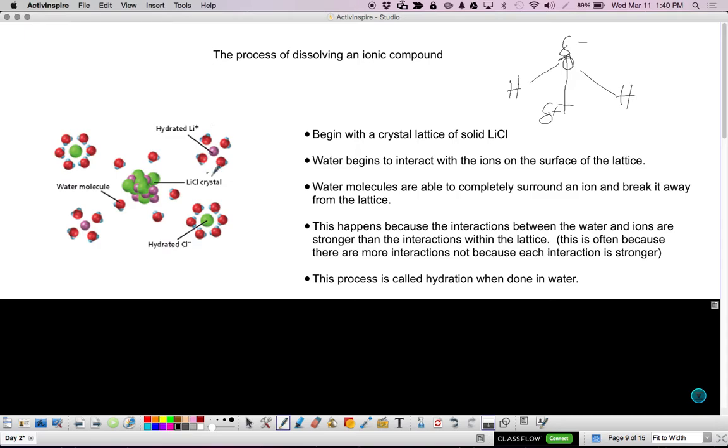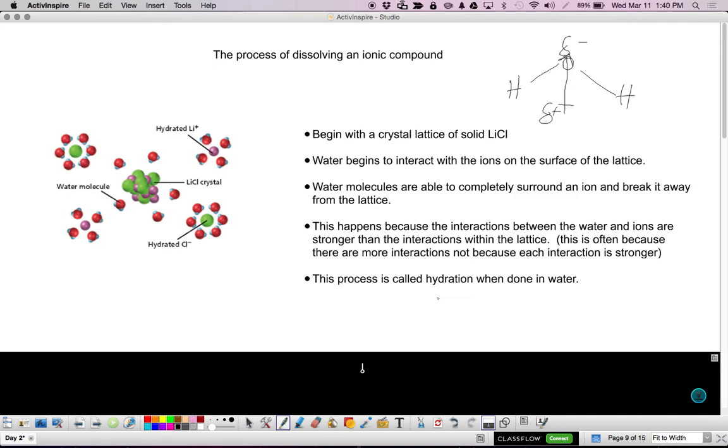You can think these 4, there might be more there. There's a top, there's a bottom, it's going to be completely surrounded. So there are going to be more interactions. This process is called hydration when done in water. If you have a different solvent, let's say your solvent is ethanol, it's going to be similar, but we won't call the process hydration.